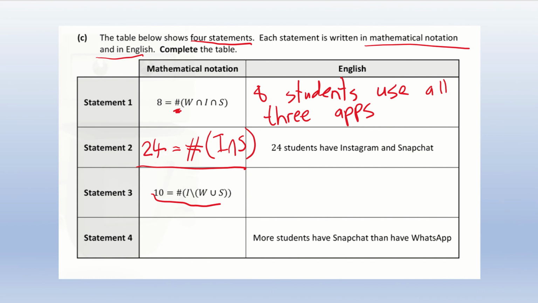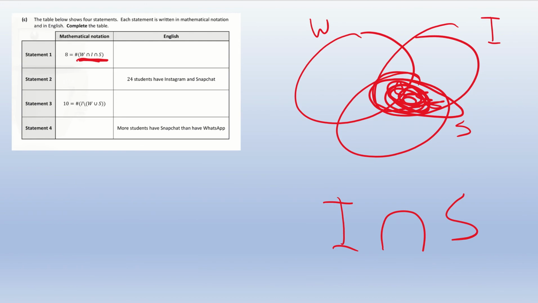This part here. 10 is the amount of people, your cardinal number of Instagram without WhatsApp in union with Snapchat. Okay, let's break that down a small bit.